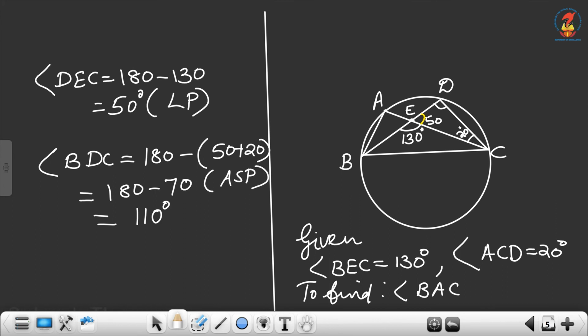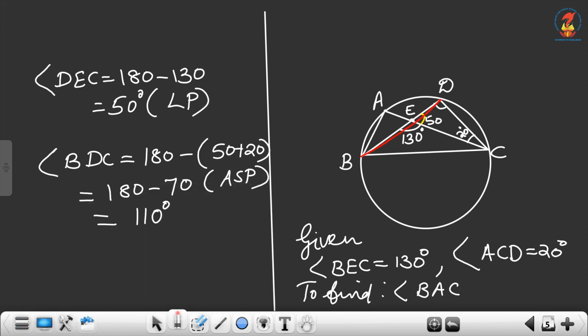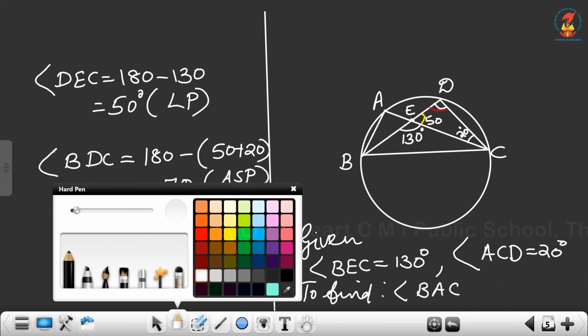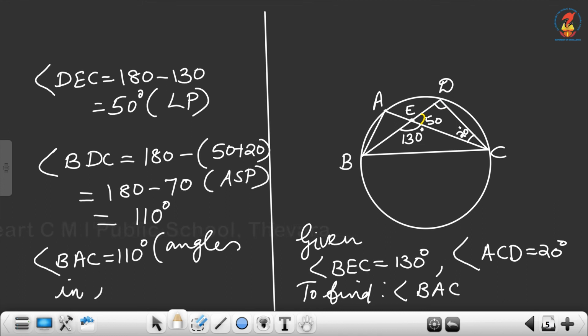So we got angle BDC as 110. What is the connection between BDC and BAC? Ending at the same points. So what can we say? These two are equal using angles in the same segment. So angle BAC is also equal to 110 degree using angles in the same segment.